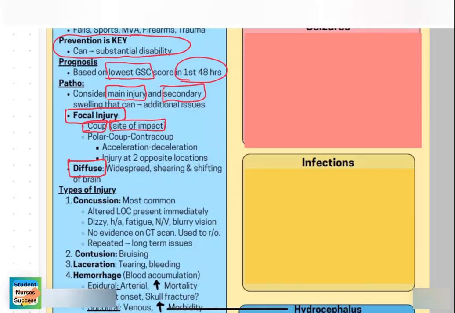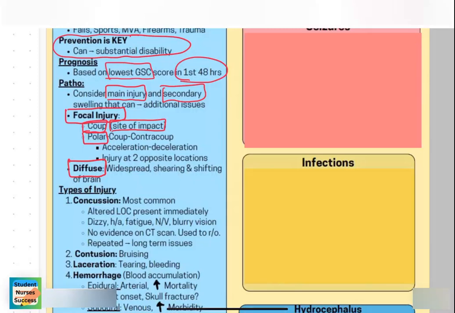And that's bad. But in some cases, we have something called a polar injury, which is a coup contrecoup or an acceleration deceleration. So think about the same injury where you're driving a car, you're in an accident, and the head hits the dashboard.